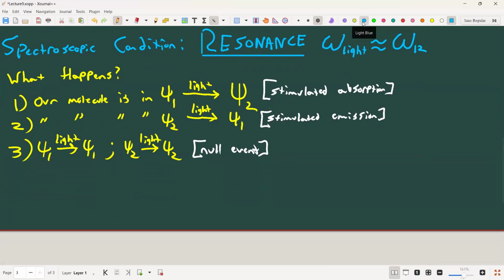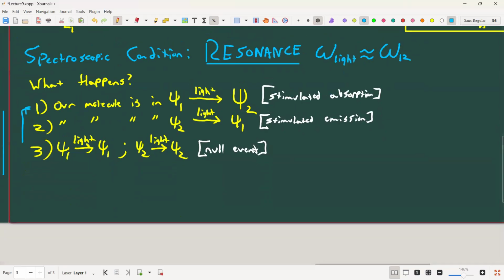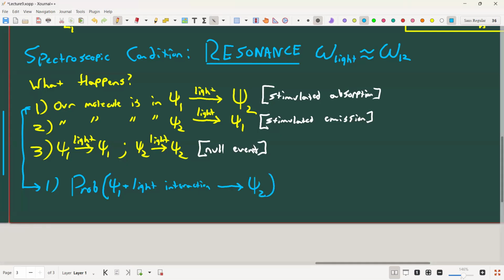What I want to calculate is the probability that my system starting in psi 1, plus the light interaction, leads to an output out of my machine in psi 2. What's the probability that when I interact the light with my initial state, I end up in the second?